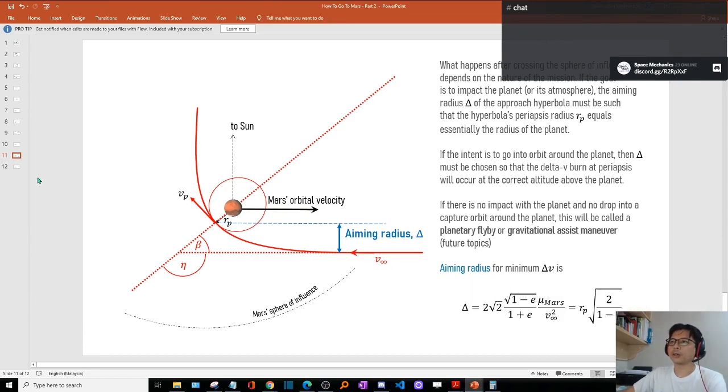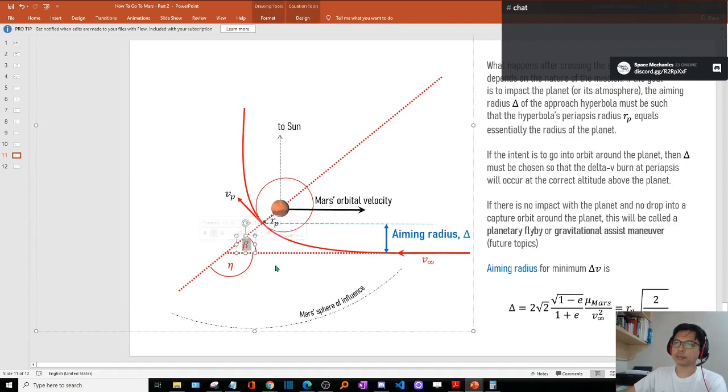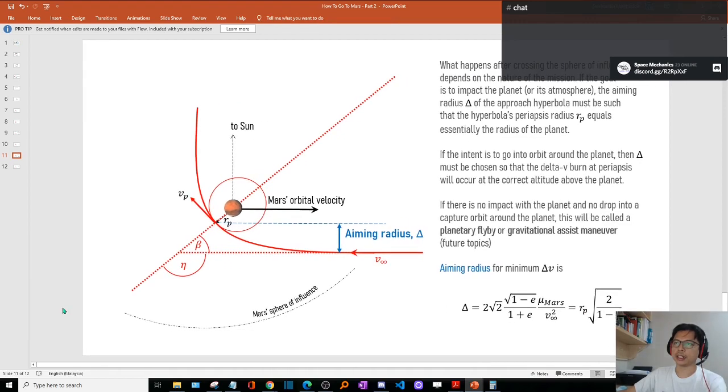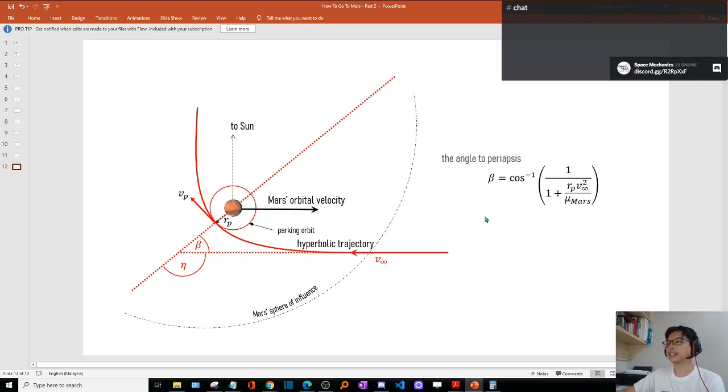All right, no worries. And then next, we know where to put it, and at what distance from the planet. Now we need to find the angular position, beta, the position of this periapsis point.